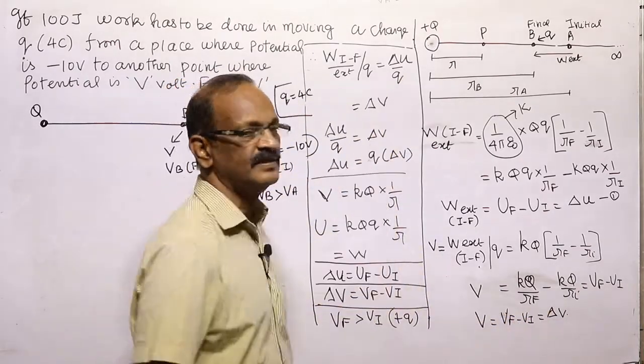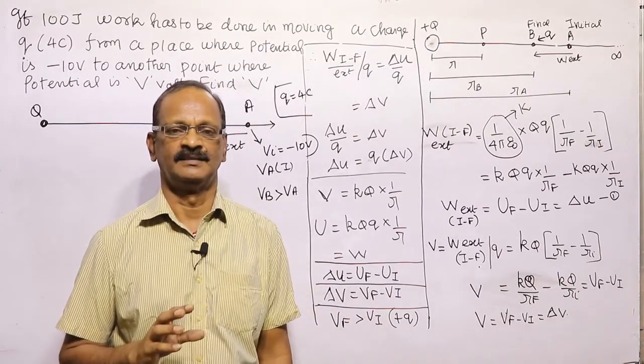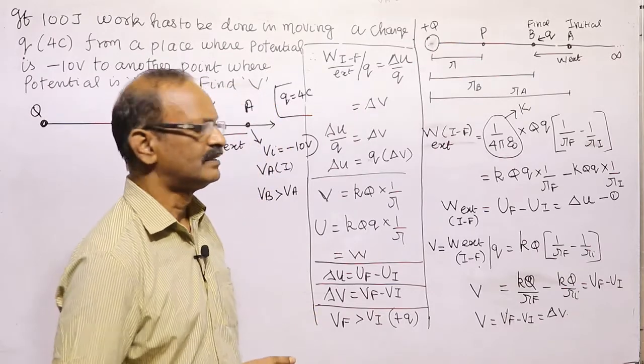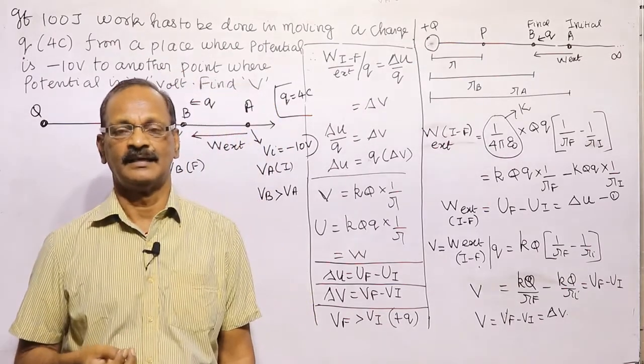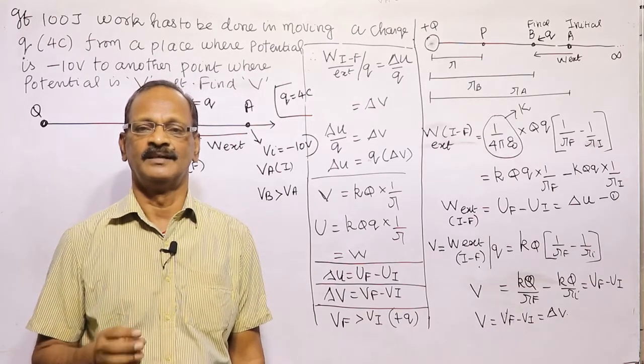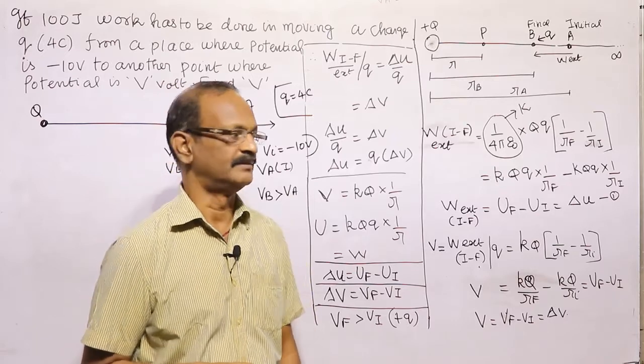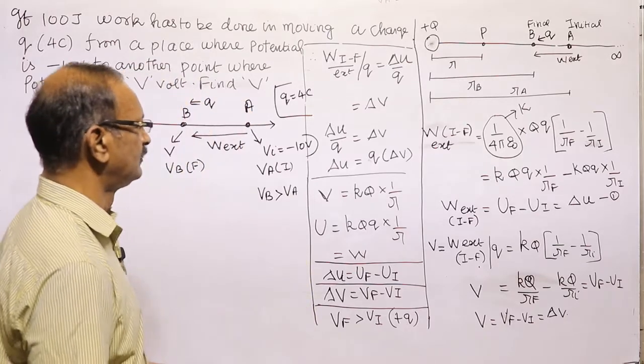This relation is very important for competition work. For board exams it may not be that much required, because very few numericals come, but to understand the concept you must do the numericals, and only then can you enter into competitions like NEET or JEE.